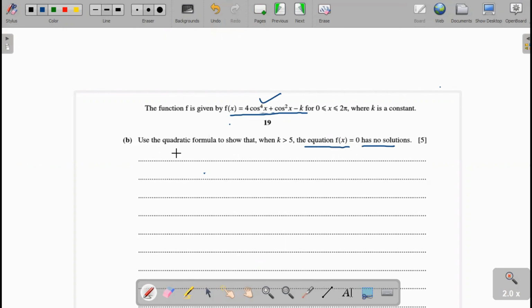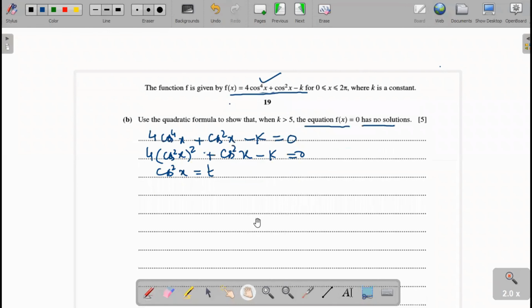Now we put f of x equal to 0, that is 4 cos to the 4 x plus cos square x minus k equal to 0. Now we see that this is 4 times (cos square x) whole square plus cos square x minus k equal to 0. Now we suppose that cos square x equal to t. Now we put the value here, that is 4t square plus t minus k equal to 0.